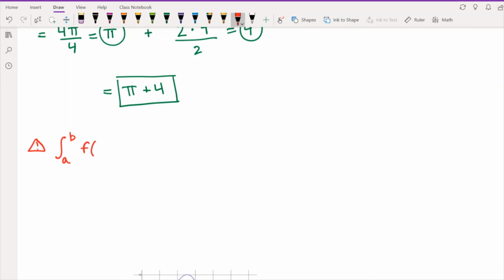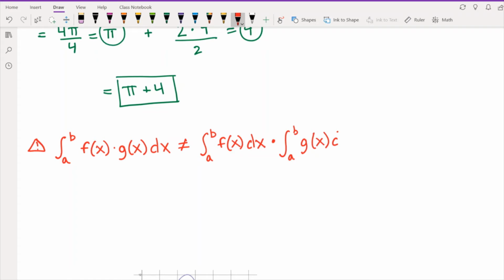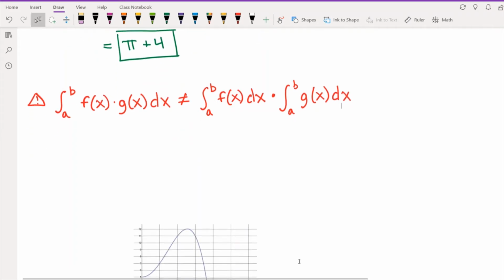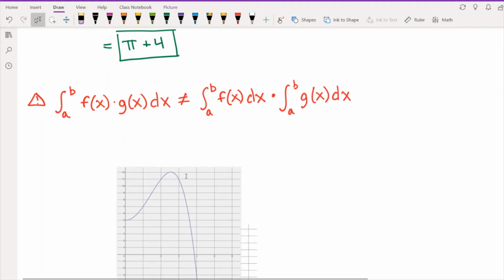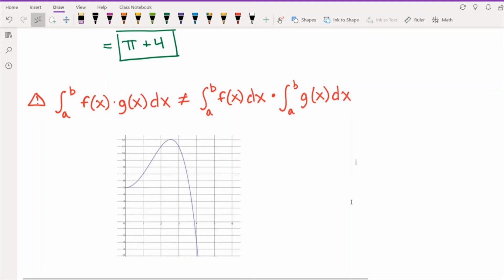But if you're taking the integral of two functions multiplied together, it is not true that you can just take the integral of each function individually and just multiply them together. It just doesn't work out that way, and I'll try to show you why not in a second. I think once we get into next week's videos, it will be even easier to convince you that this rule doesn't work.